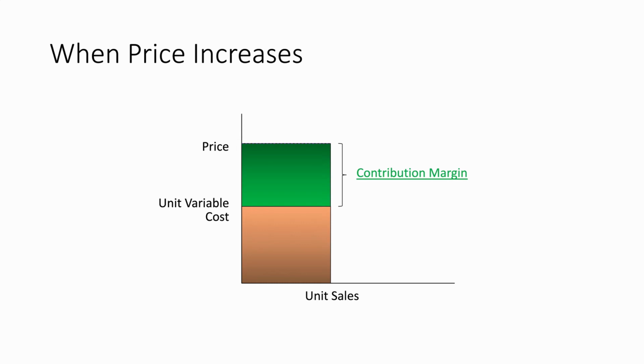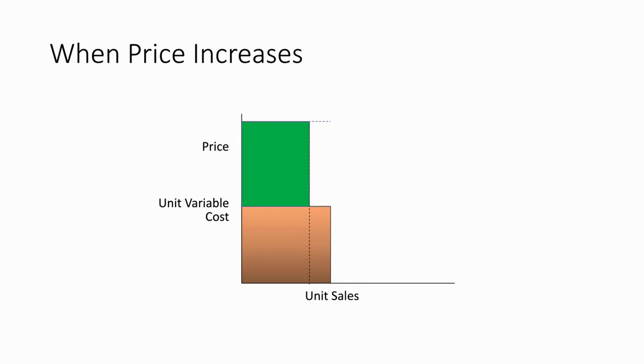What about if we increase the price? When we increase the price, we gain from contribution margin. But because of the price increase, we expect the demand or unit sales to drop, so the unit sales move to the left. In this case, we have a thinner profit and cost structure.